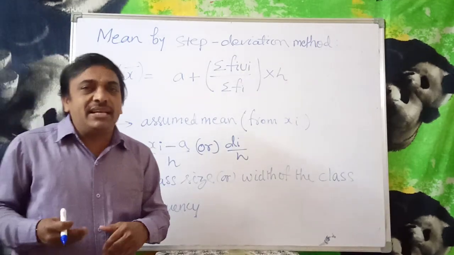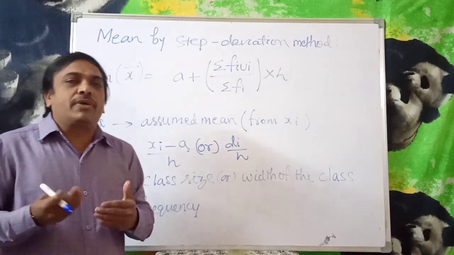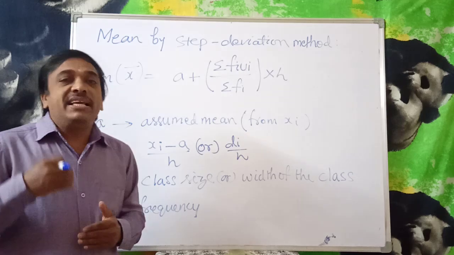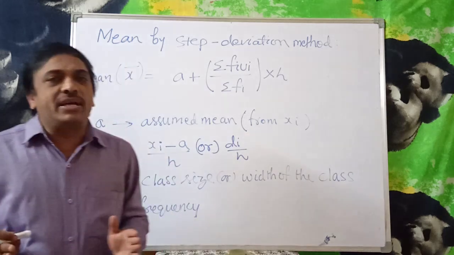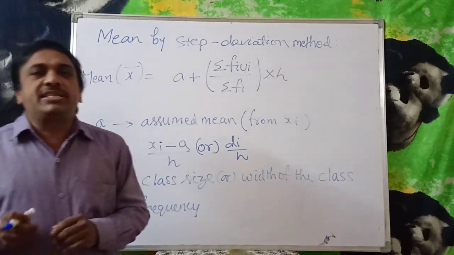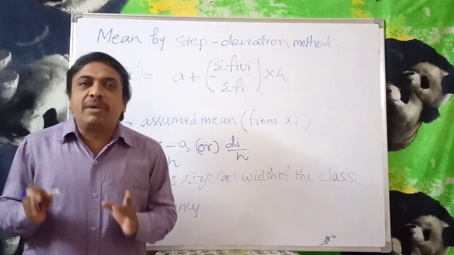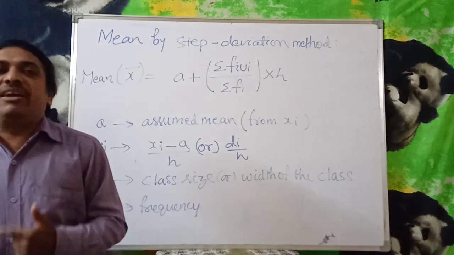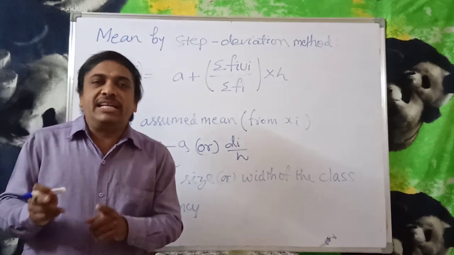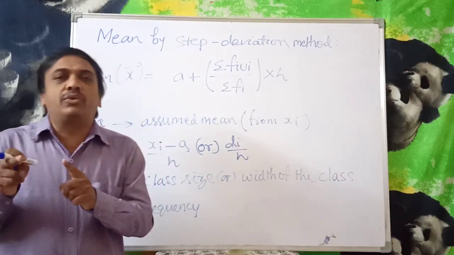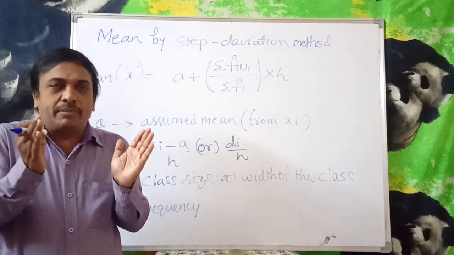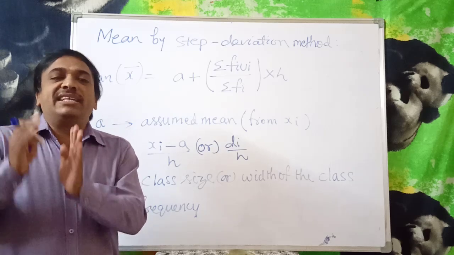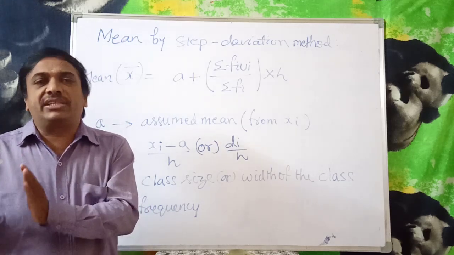Once again, everyone revise the formula. What is the formula to find the mean by step deviation? Mean x bar is equal to a plus sigma fi ui by sigma fi, into h. This term sigma fi ui by sigma fi is in a bracket, into h. H is the class size or width of the class.